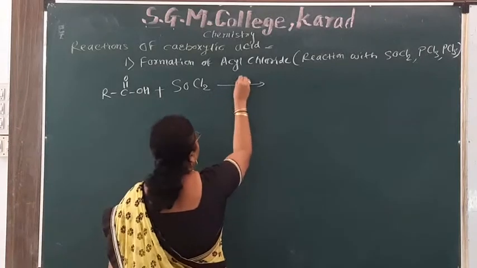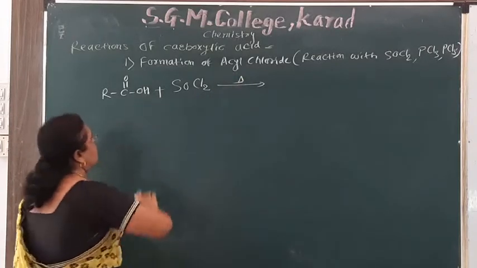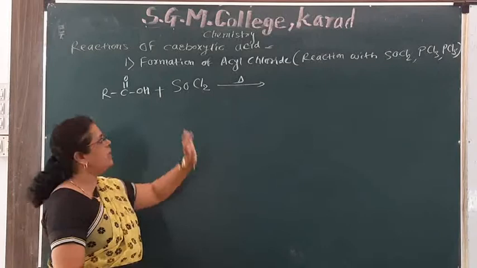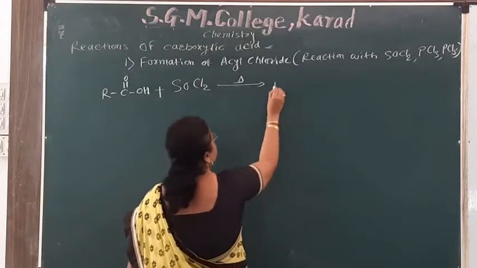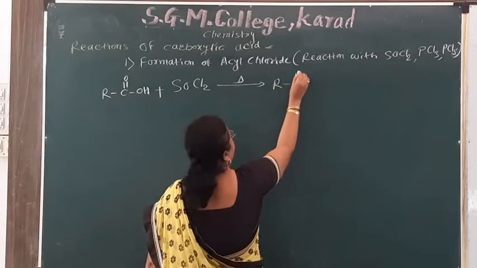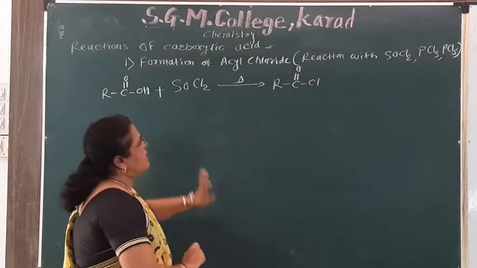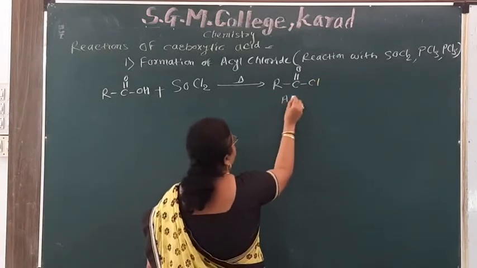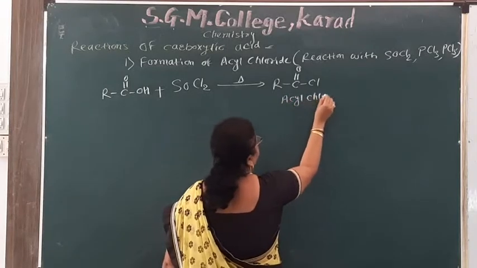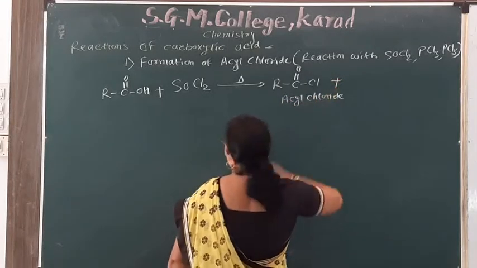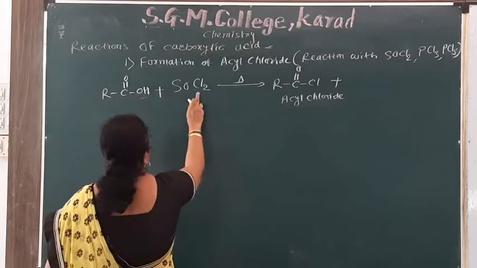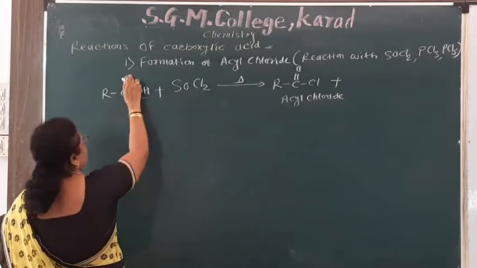Then here this hydroxyl group is replaced by chlorine atom. It forms RCOCl, and this is known as acyl chloride. This OH group is replaced by Cl, means RCOCl.